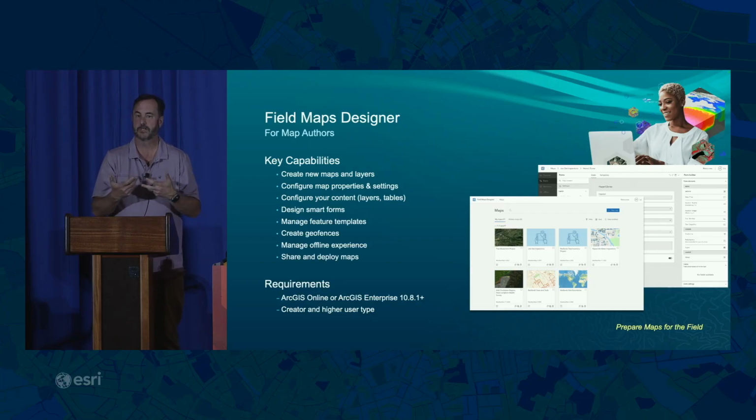Configuring your layer content, and I'll talk about this as one of our what's new updates, but you can, from the Field Maps Designer, open up an embedded view of the map viewer and do things like change symbology, alter other aspects of the layers themselves, refresh rates, all those things that you need to tweak in order to make the most of your mobile experience.